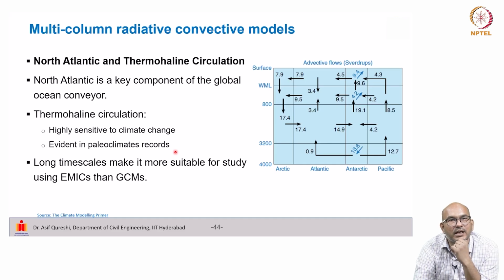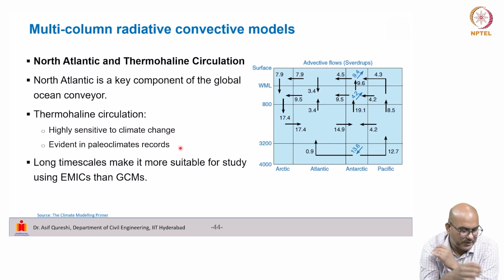Now, the long time scales of the ocean and its influence on climate mean that if we were to model them in general circulation models, we would need to integrate these models for a very long time span. Then we would have to wait a lot of actual time for the simulations to complete.